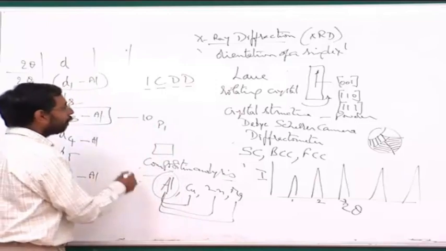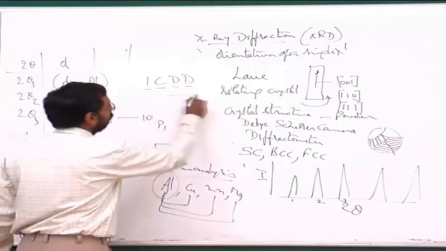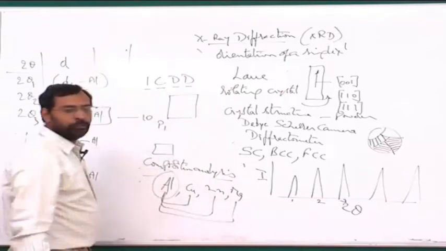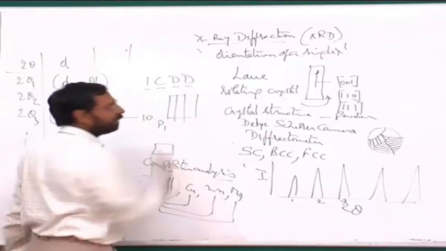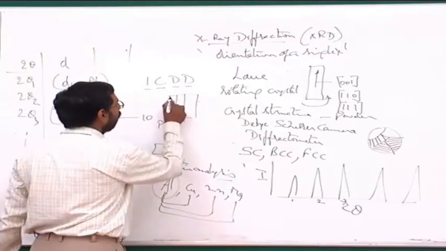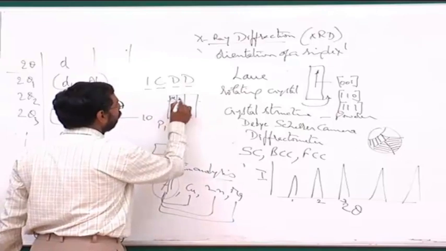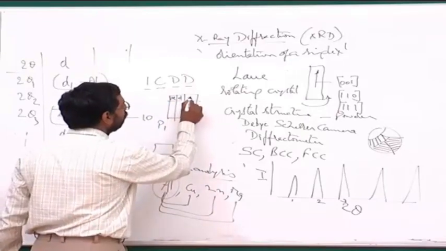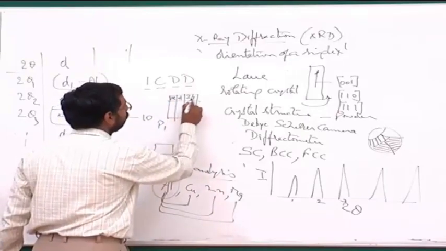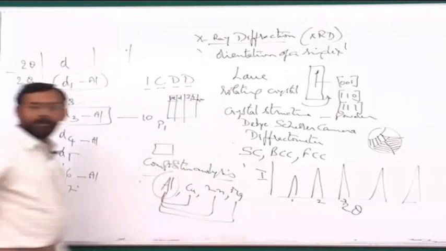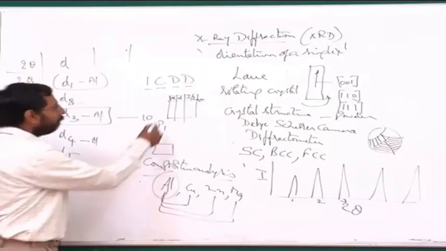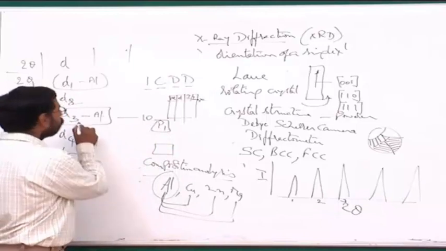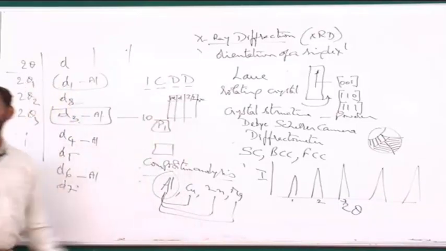In phase number 1, I go to the table corresponding to phase number 1, which will have basically 3 columns, where one column is HKL, another column is D spacing, another column is the intensity, I by I max.